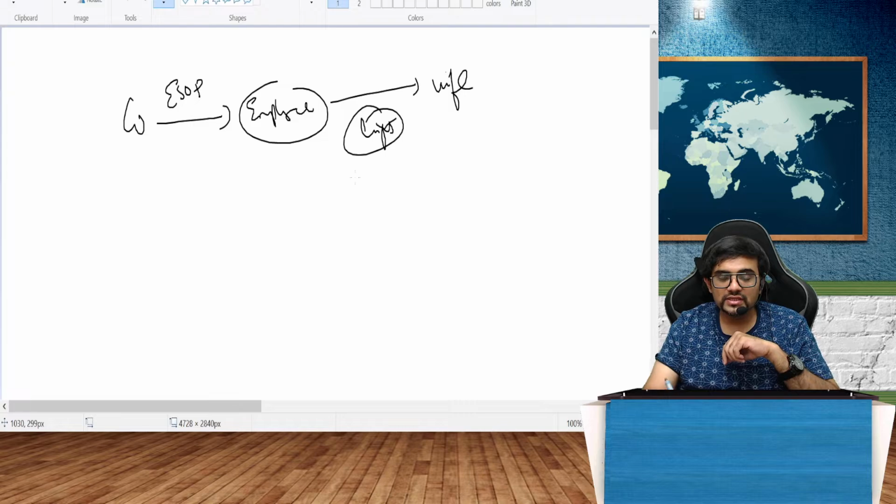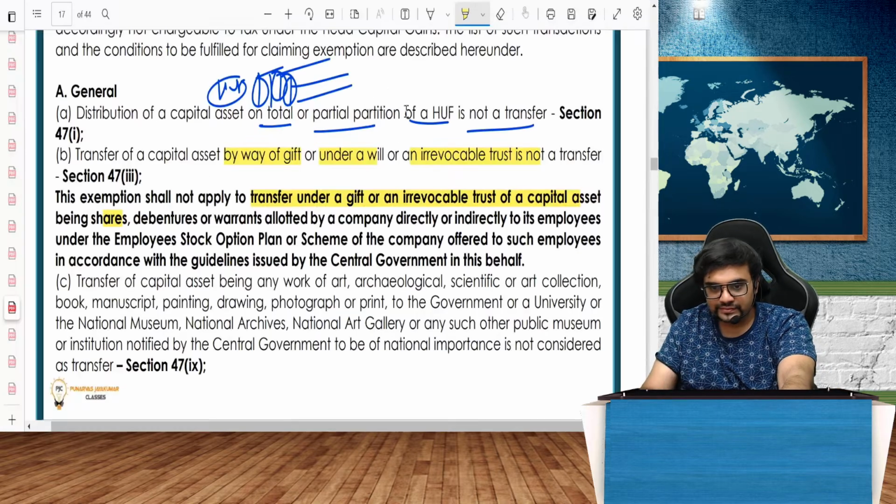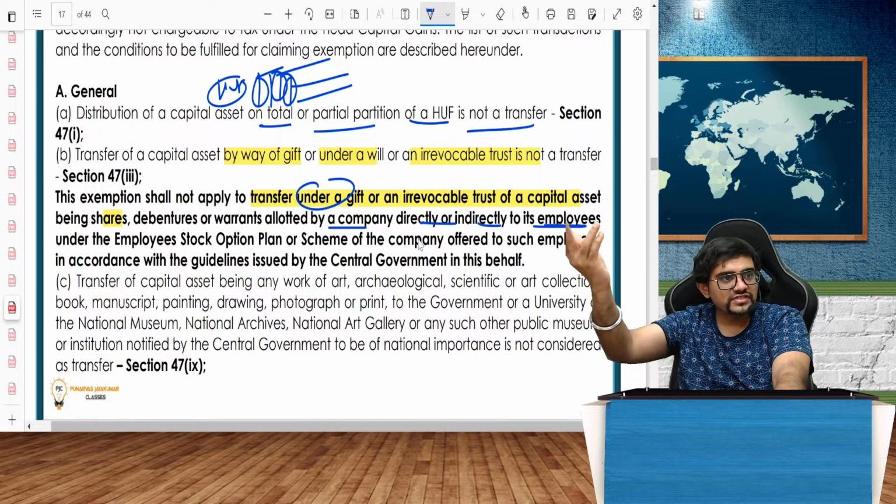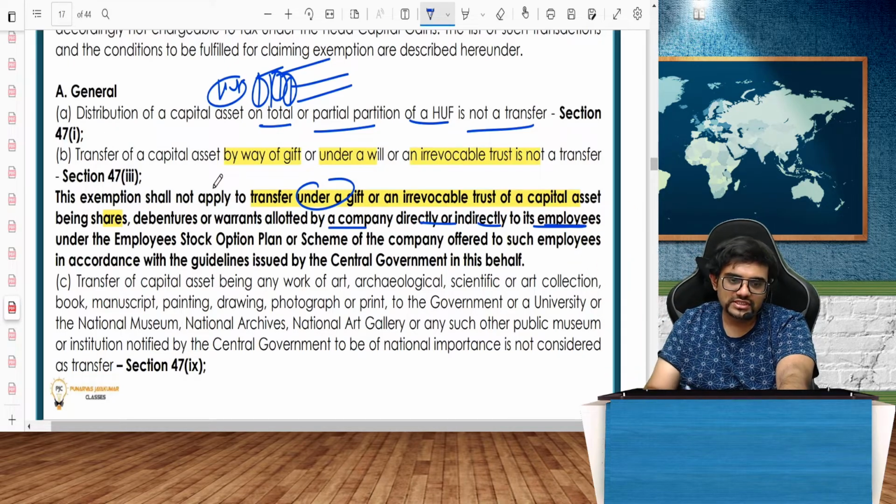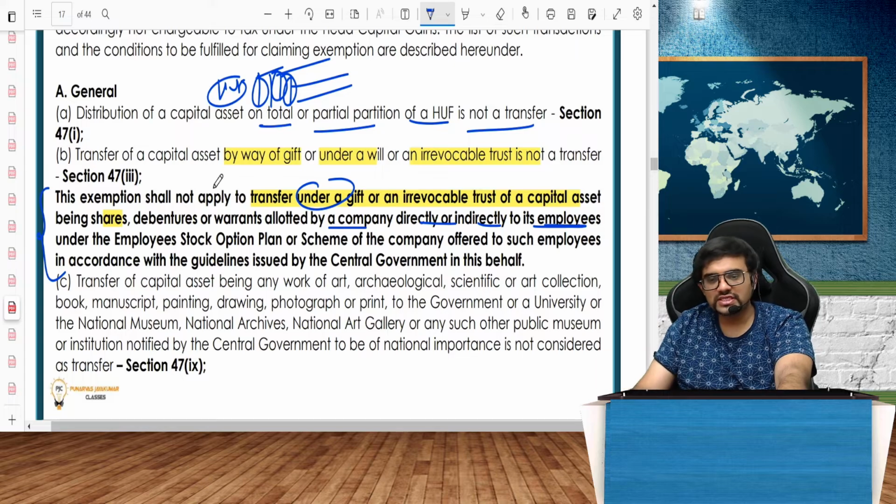Ideally, this should not be a transfer, no? But unfortunately, since it is sent via ESOP, this gift is called a transfer. ESOPs are subject to capital gains. The exemption shall not apply to transfer under a gift of shares allotted by a company directly or indirectly to its employees. So if an employee gives it, it is subject to tax. This is one exception you need to see in MCQ; other things they will ask.